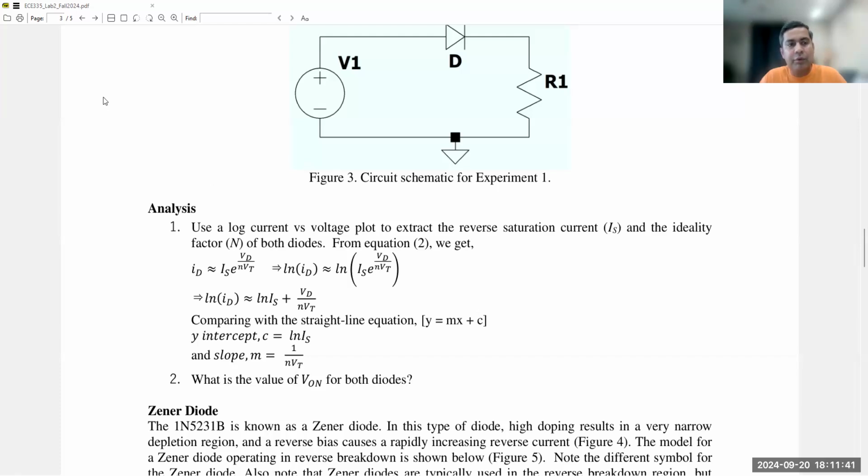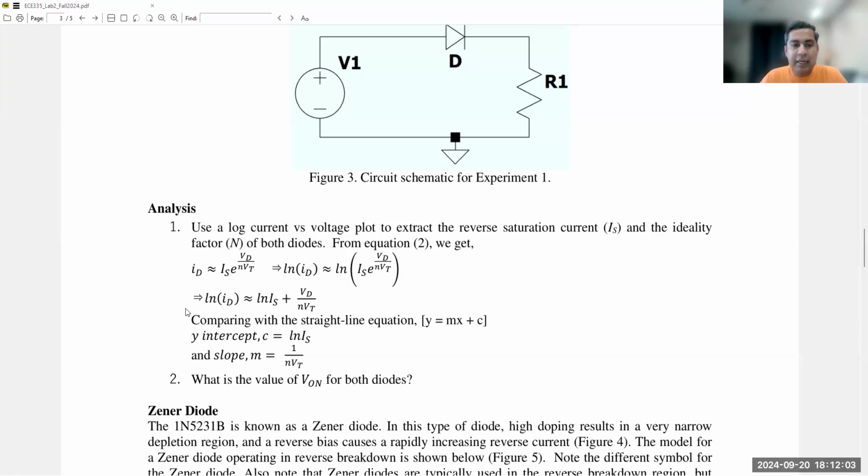To do that, you have to hit the current axis parameter and change it to ln IX. Then your y-axis will be in semi-log scale and the x-axis will be in linear scale. So it's a semi-log plot.